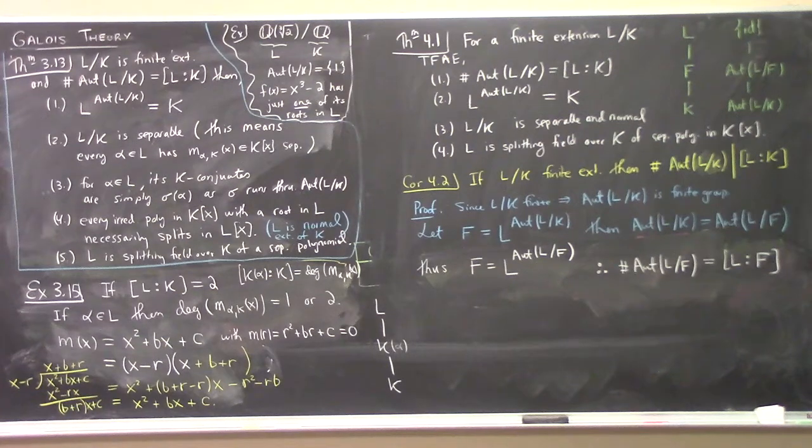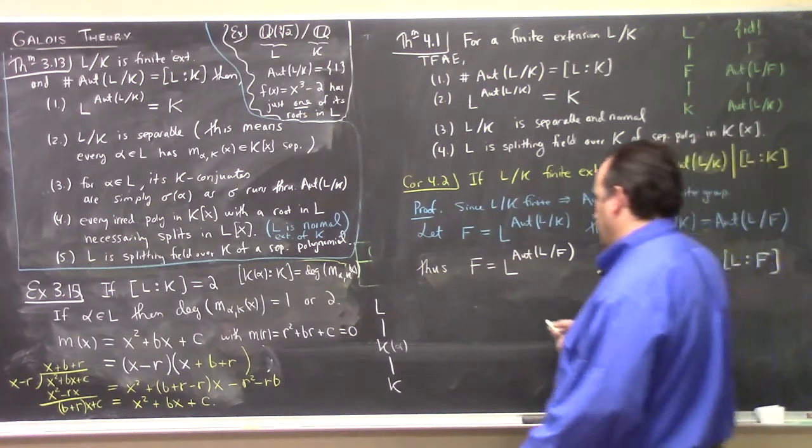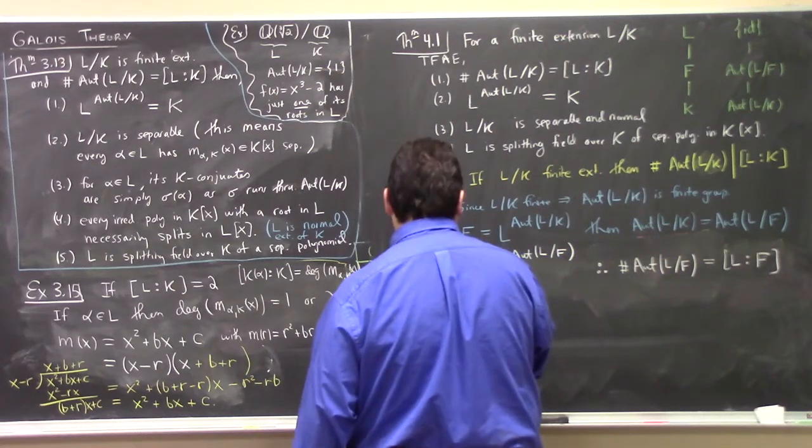Wait, never mind. We're trying to prove Aut L divided by L over K. So we have satisfied criterion 2 of Theorem 4.1. So then we get that, hence 1 holds, right?